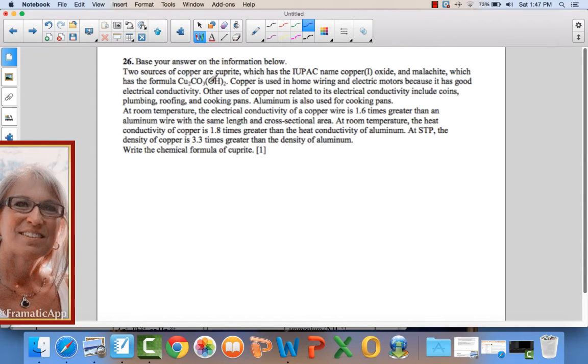So it says two sources of copper are cuprite, which has the IUPAC name of copper 1 oxide. So that's just copper 1 oxide then.